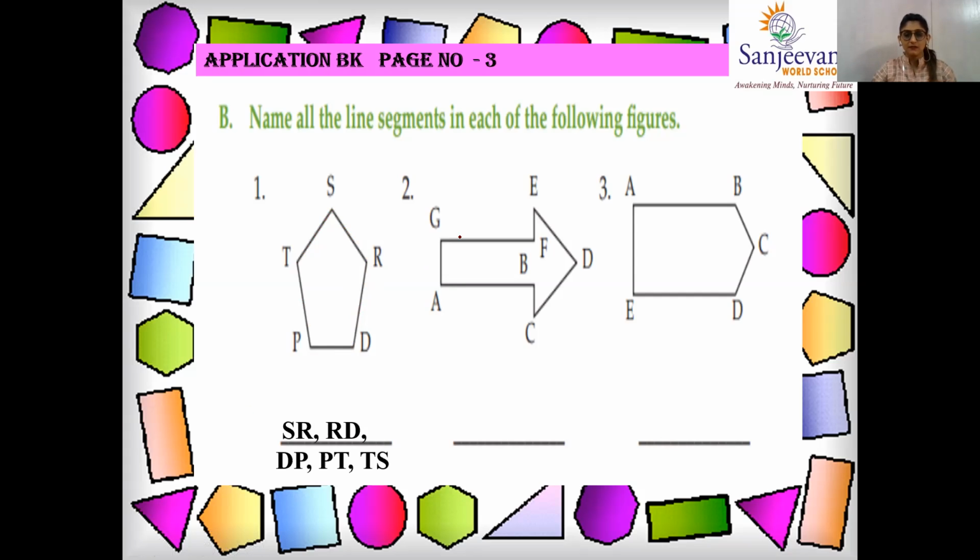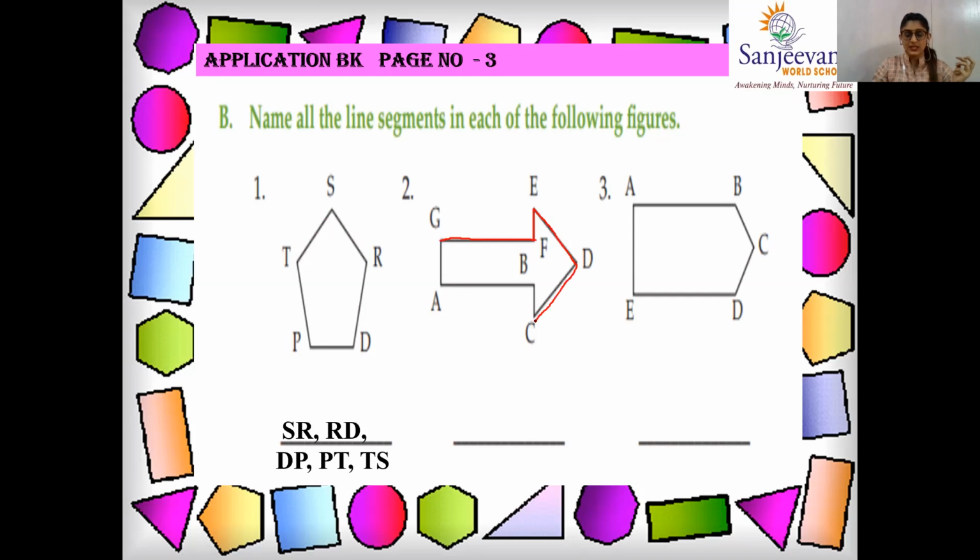The same way we will be doing the remaining 2 figures given to us. Let us start from here. G to F is the first line segment, GF. From F to E is the second line segment, so FE. Then from E to D, third line segment.